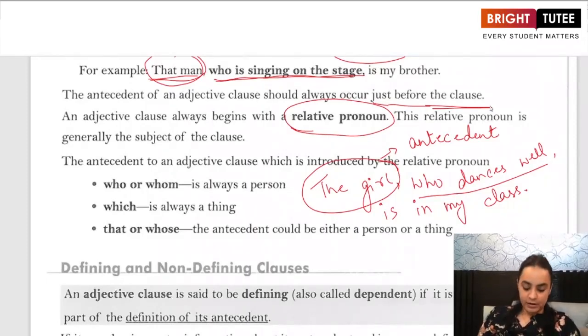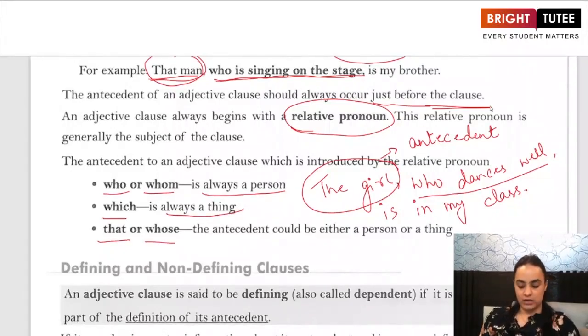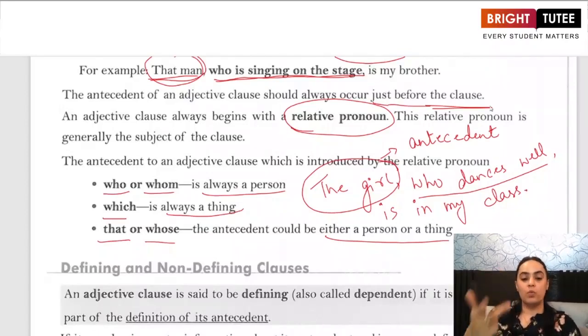For example, who and whom are used for a person, which is used for a thing, and that or whose are used either for a person or for a thing. So the adjective clauses will begin with who, whom, which, that, or whose.